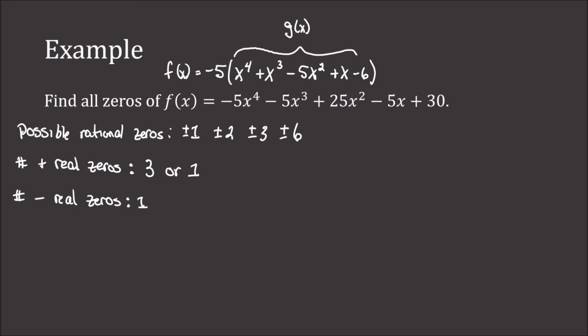All right, so let's try negative 1, and let's see what we get. So we'll have 1, 1, negative 5, 1, negative 6.